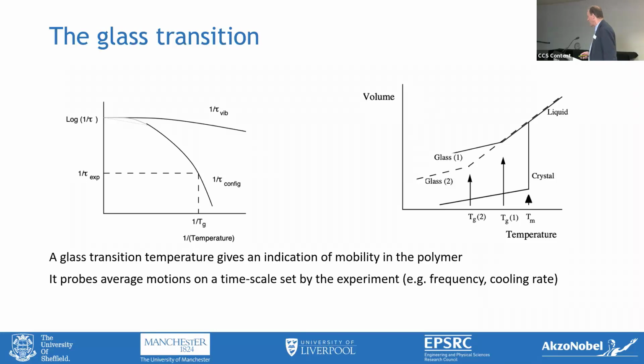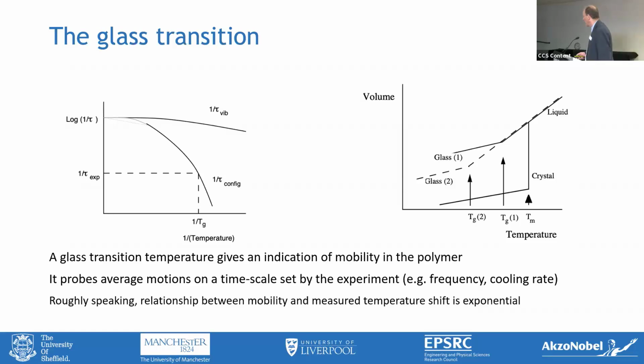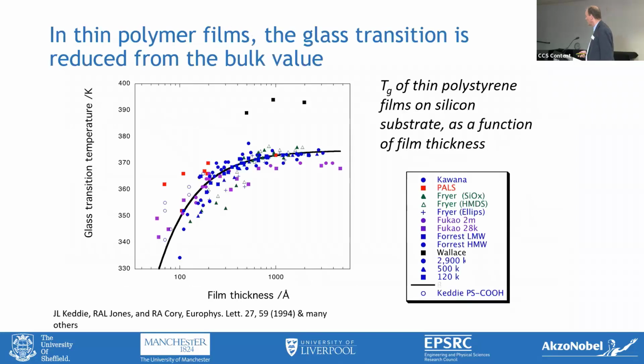As I say, it probes average motions on the timescale set by the experiment, set either by the frequency or by the cooling rate in the DSC experiment. And roughly speaking, the relationship between mobility and the measured temperature shift is essentially exponential. If you want a rule of thumb, a 3 degree shift in glass transition temperature corresponds to about a factor of 10 in any relaxation time in the material post glass transition.